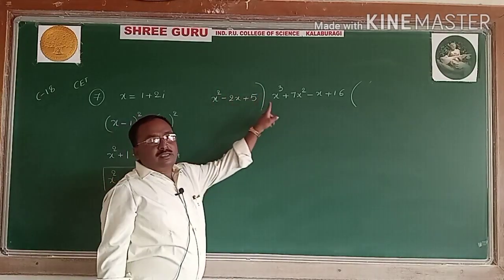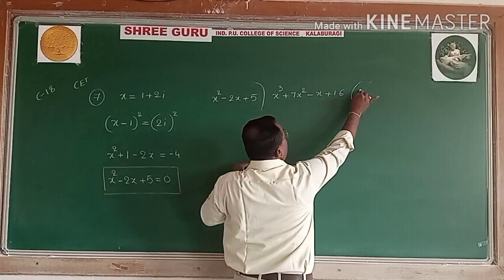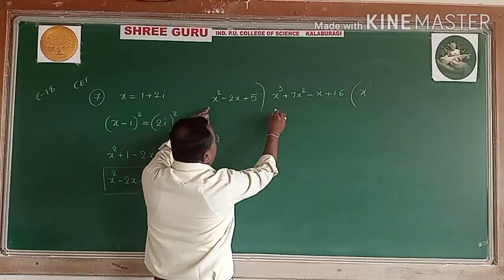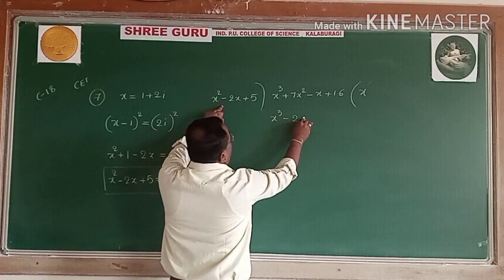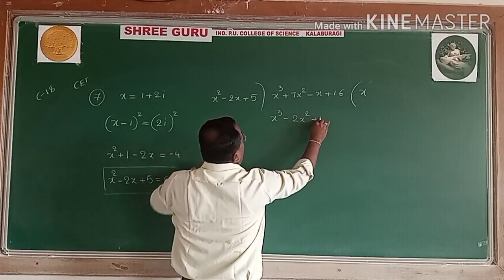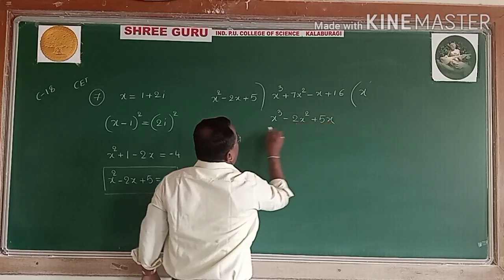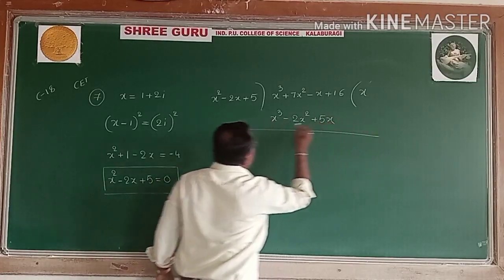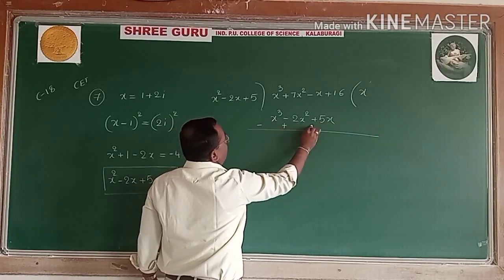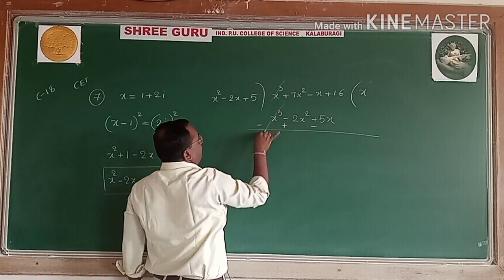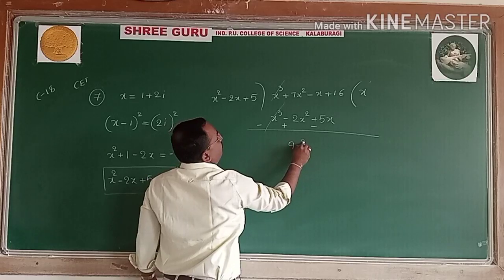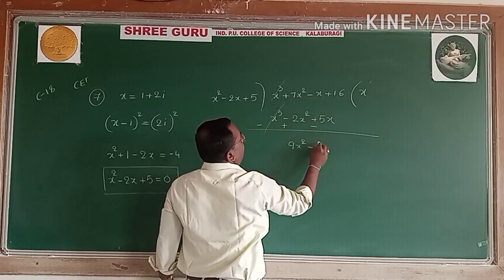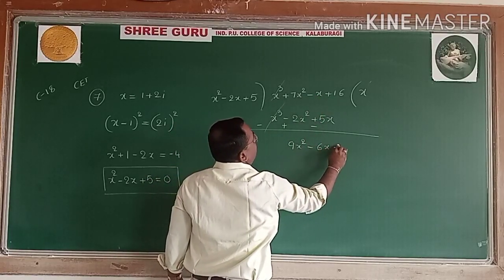Here x square, to get x cube we need 1 times x. So x cube minus 2x square plus 5x. Sign change: minus, plus, minus, they cancel. 7 plus 2 is 9x square, minus 5 minus 1 is minus 6x plus 16.